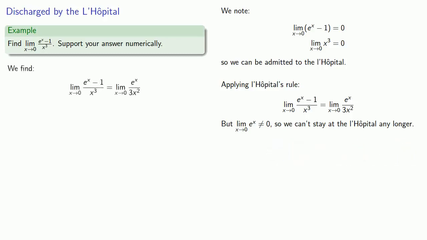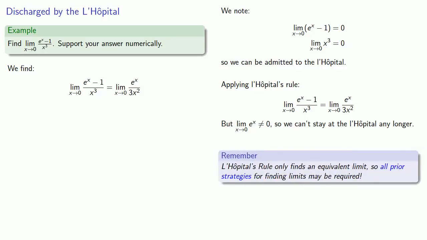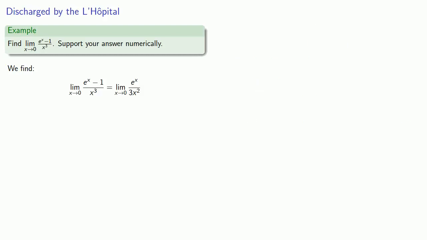So what can we do? The important thing to remember is that L'Hopital's rule only finds an equivalent limit, so all prior strategies for finding limits may be required. Since this limit can't be admitted to the L'Hopital, we'll have to evaluate this limit using some other method.